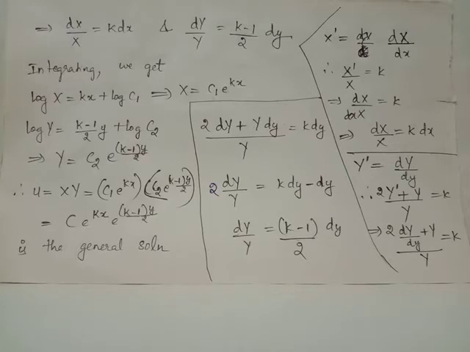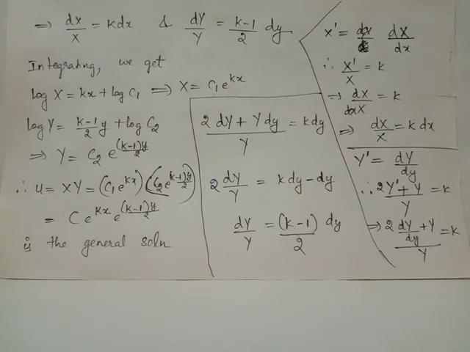Thus we have Y = c2 e^((k−1)y/2). Having found the functions X and Y, we have u = XY, and we obtain u = c1 c2 e^(kx) e^((k−1)y/2). c1 c2 can again be considered as another constant C, and this is the general solution.